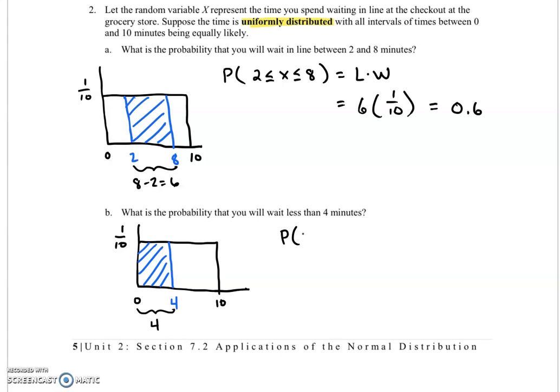So the probability that x is less than 4, sorry, less than does not have the equal under it, is still length times width, which is still 4 times 1/10, which is 0.4 if you put it in the calculator.